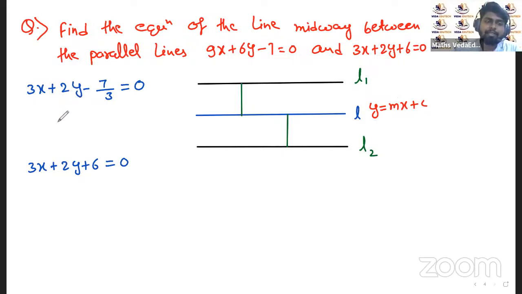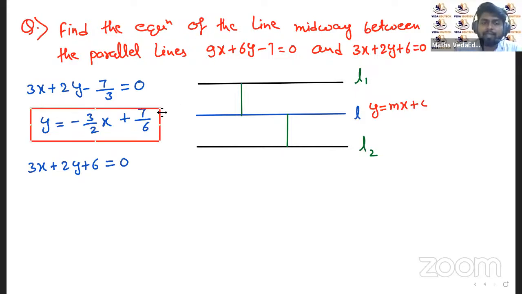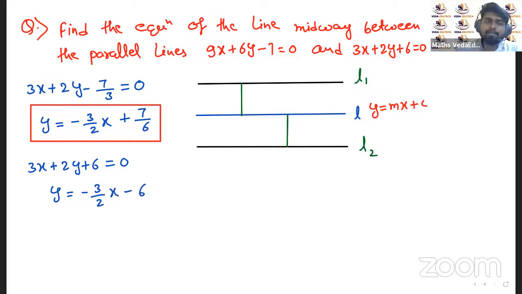If we take the y value here, we'll get y equal to minus 3 by 2 times x, and minus 7 by 3, when we take it to the right-hand side, becomes plus 7 by 3, and with the 2 here, plus 7 by 6. So one equation is y equal to minus 3 by 2 x plus 7 by 6. The second equation is y equal to minus 3 by 2 x minus 6. Now all three equations are in the same form, that is y equal to mx plus c.